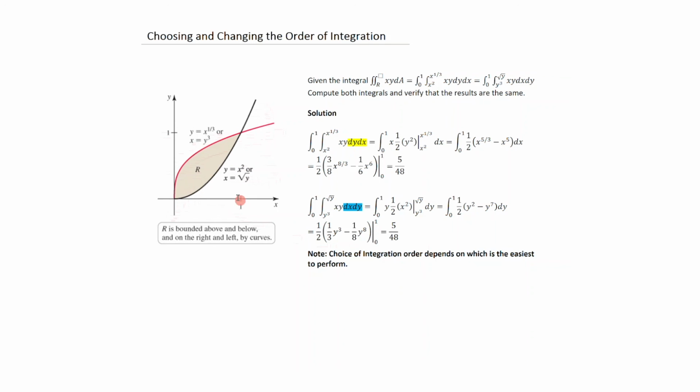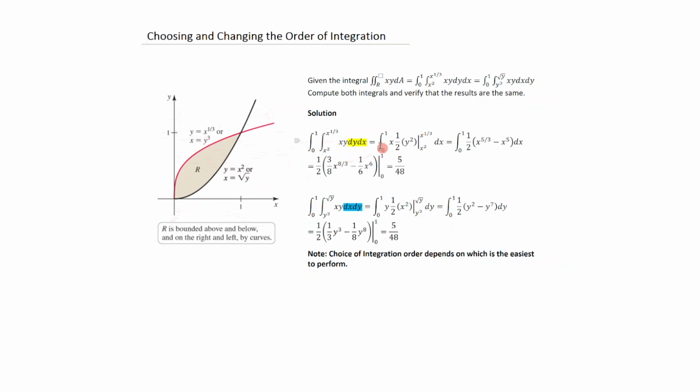If you look the other way around, in other words, x being vertical and y being to your left, then x is a function of y, that's x equals square root of y, and x equals y cubed. Similarly, you'll find that in that case, y equals 1. All right, so the limits are clear. If you're doing dy dx, then this is the upper and this is the lower. Upper, lower, 1, 0, 1, 0.